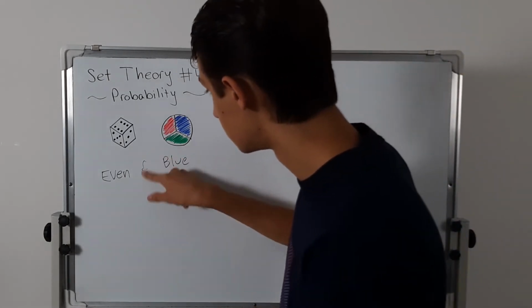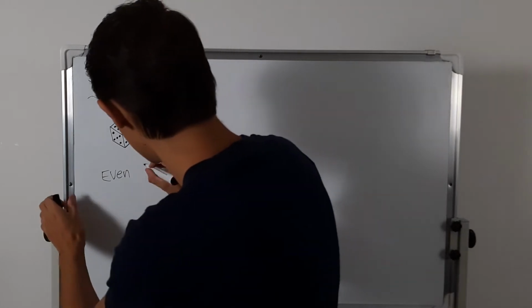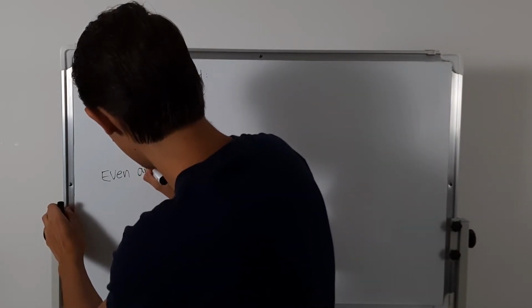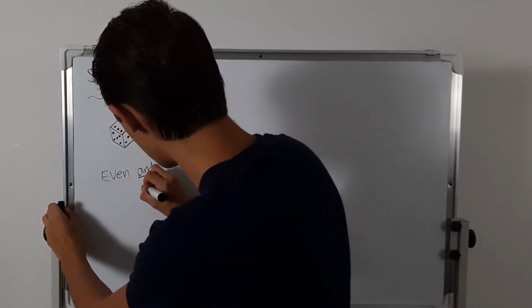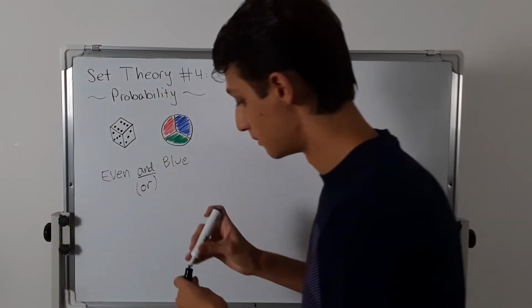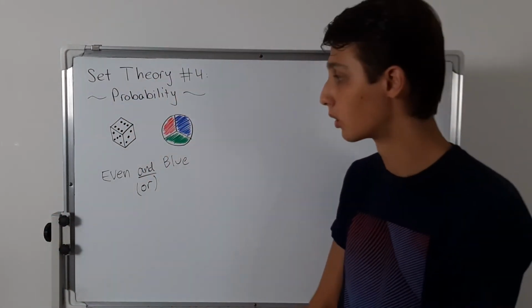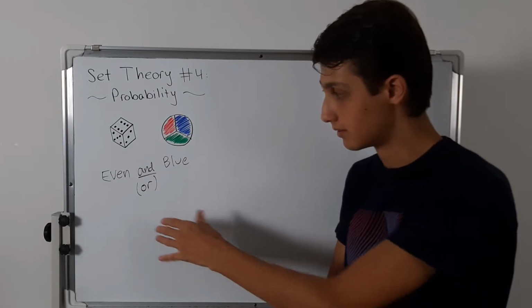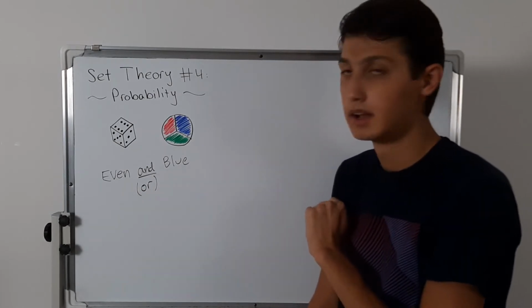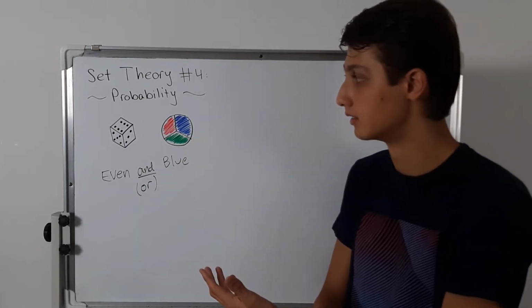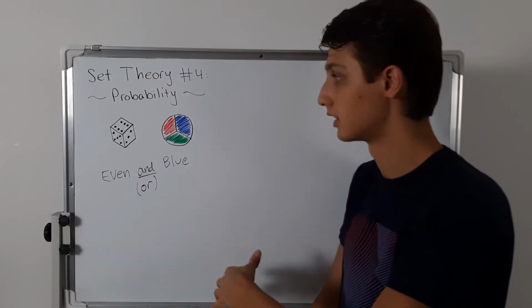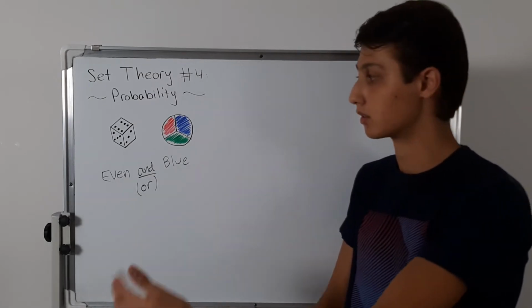Let me write it out explicitly. It's "and," okay? I could have said "or." Now the difference between "and" and "or" is that if I said even or blue, what you should be thinking of is the chance of getting something that's even or something that's blue.